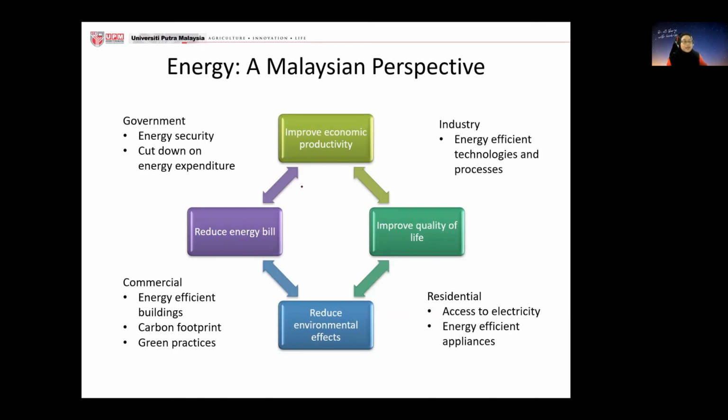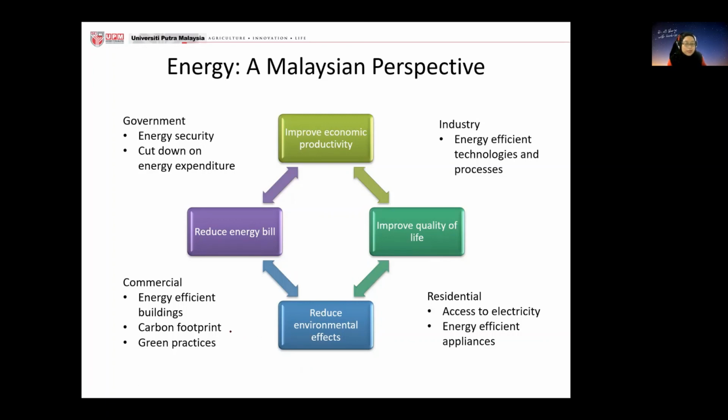We need to look at energy efficient technologies and processes to make sure that you can consume less energy with the same productivity. For us, access to electricity is very important, and we have our own choice to use appliances with a more energy efficient rating.